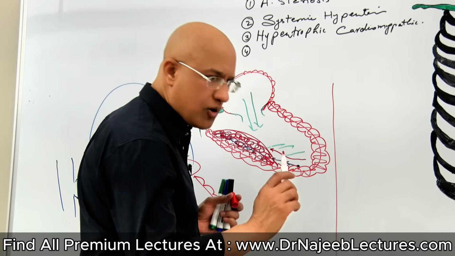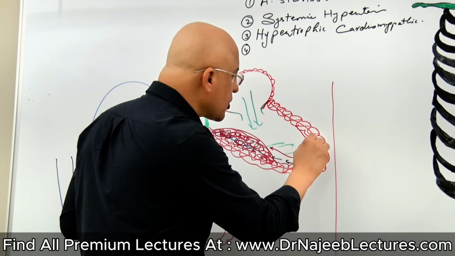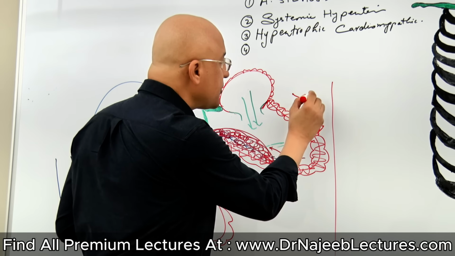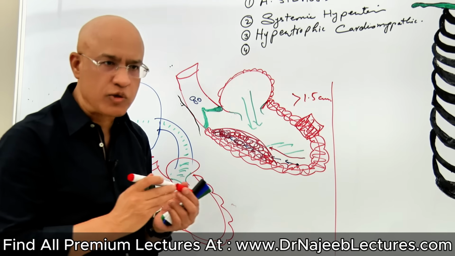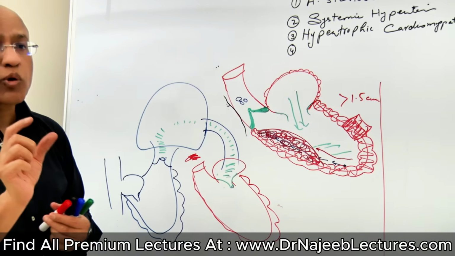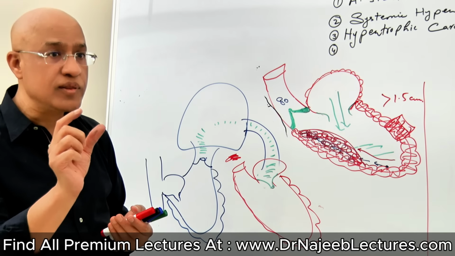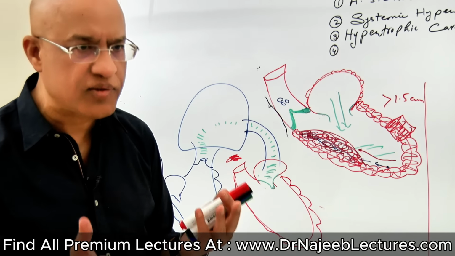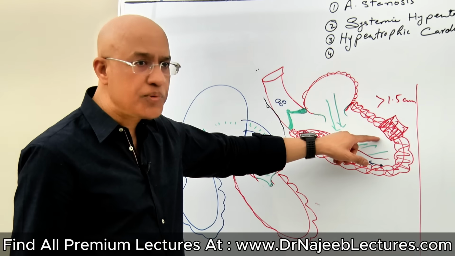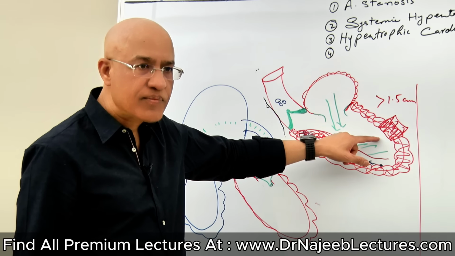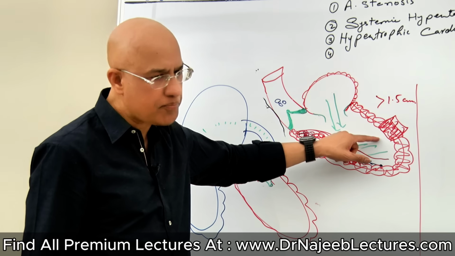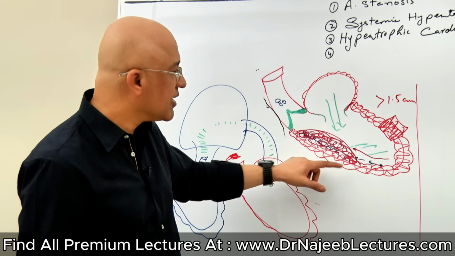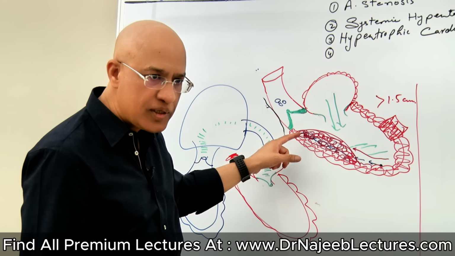They say any part of the left ventricular wall, if it is more than 1.5 centimeter thick on, of course, echocardiography, that is, more than 15 millimeter, which is one and the same thing, right? It should be classified as hypertrophic cardiomyopathy, right? So they say it is not necessary that there should be septal hypertrophy present.